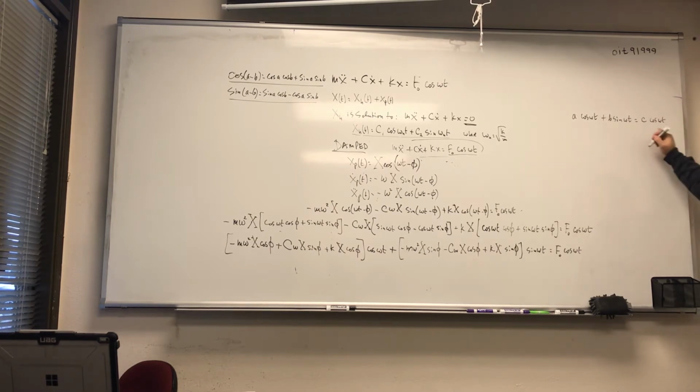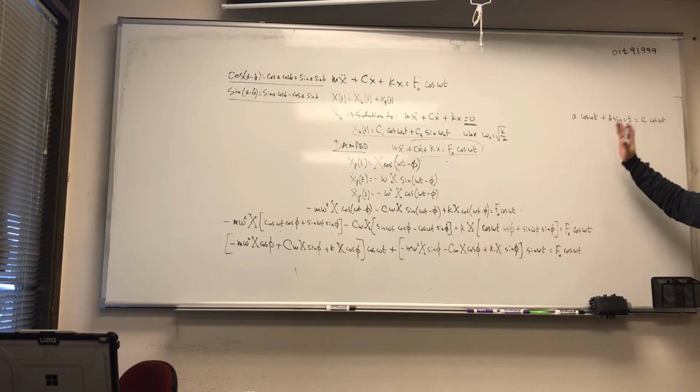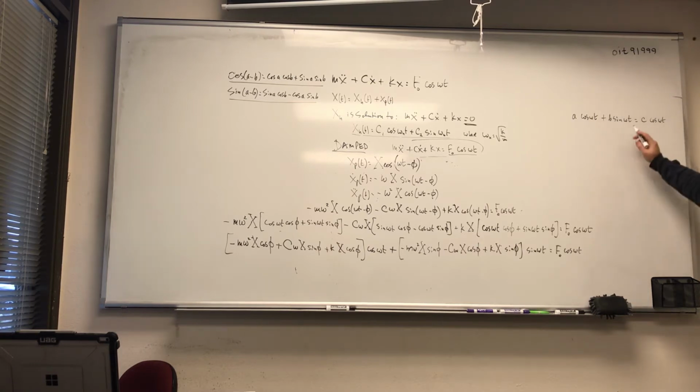Under what conditions is this equation always true? If the b is equal to 0. That's very good. Do I have any sine omega t on the right hand side? I don't. So this b better be equal to 0.